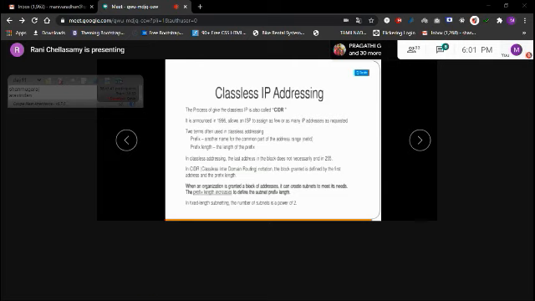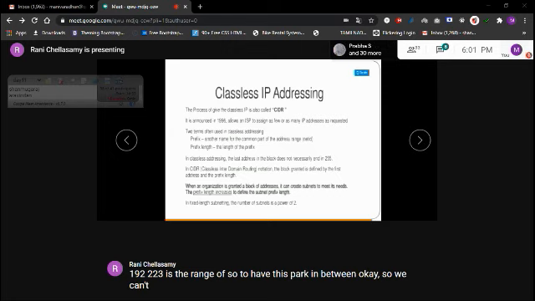The range of class C is 192 to 223, and 206 falls in between. So we can clearly identify that this IP address belongs to class C, and its binary equivalent is given below.